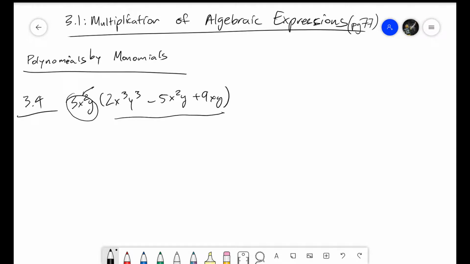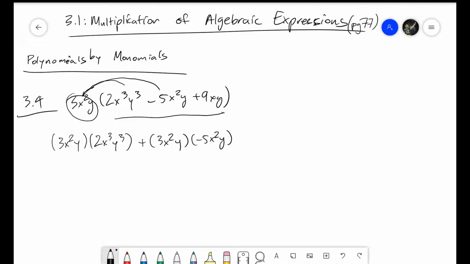So first is 3x squared y times 2x cubed y cubed. Then 3x squared y times negative 5x squared y. And finally 3x squared y times 9xy.